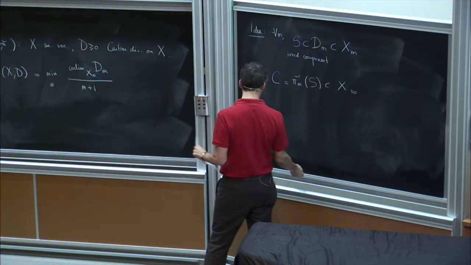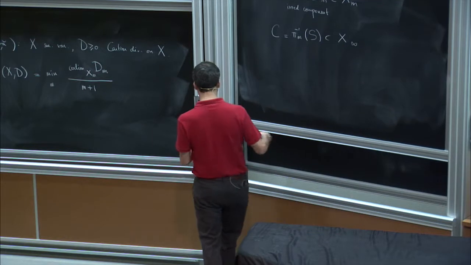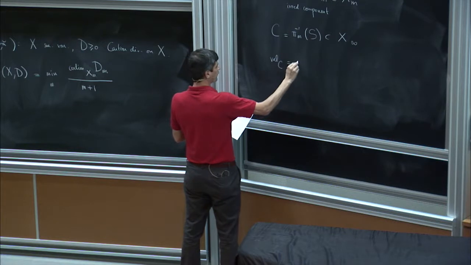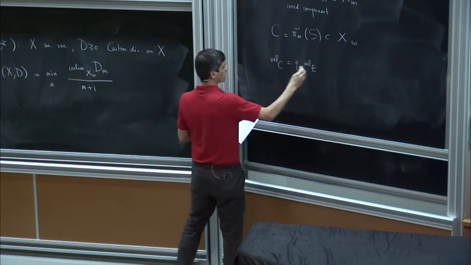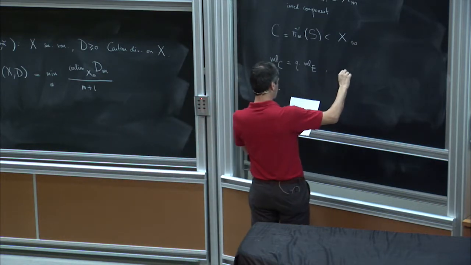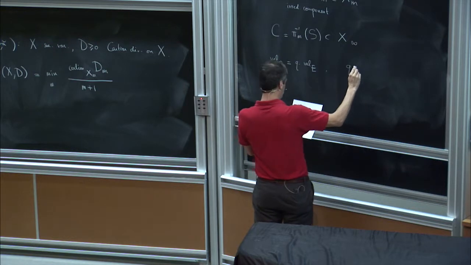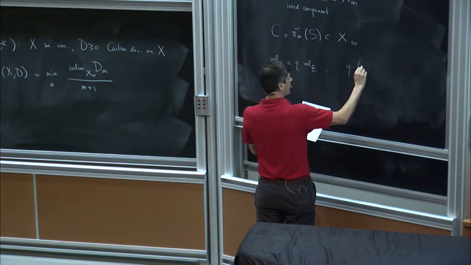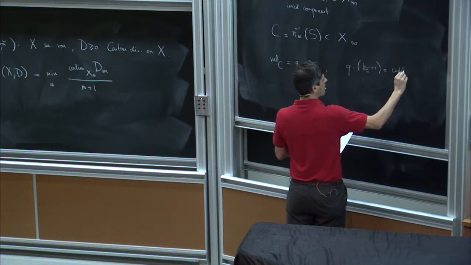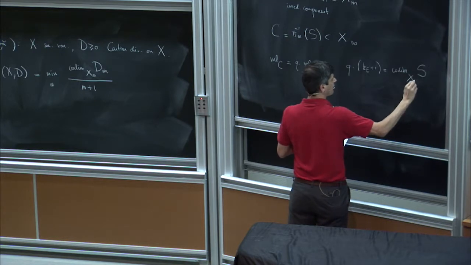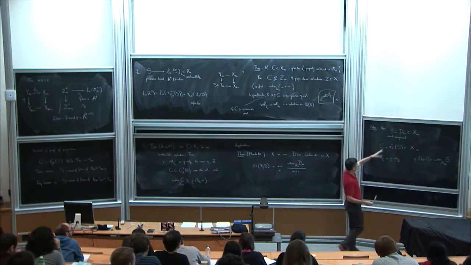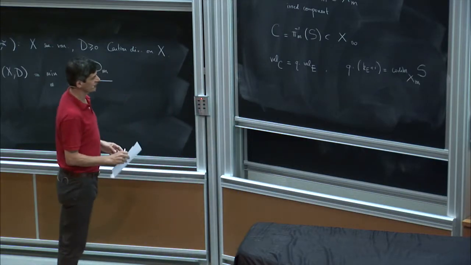So what the theorem is telling us is that the valuation along C can be written as q times the valuation along E for some q and some E. And therefore, we have q times (k_E + 1) is equal to the codimension of S inside X_m, because that was the codimension of the cylinder, which is the same as the codimension of the set over which this is defined as a cylinder.